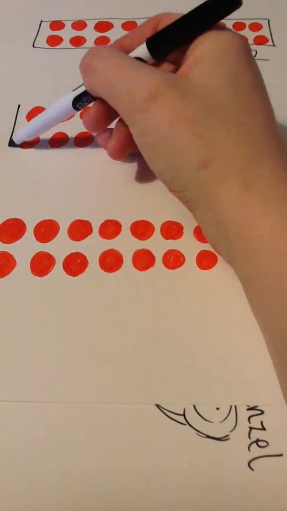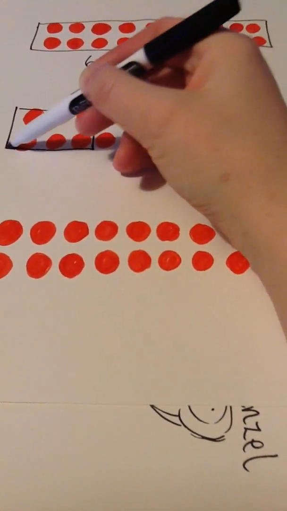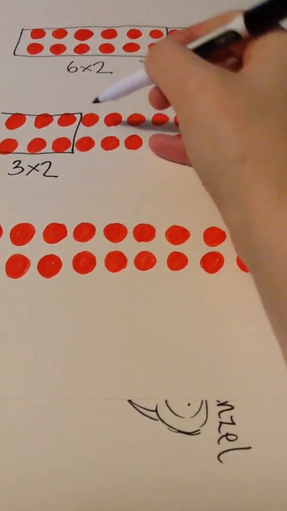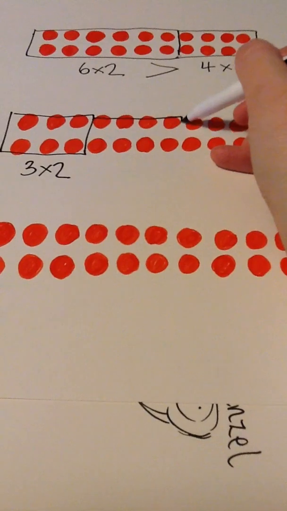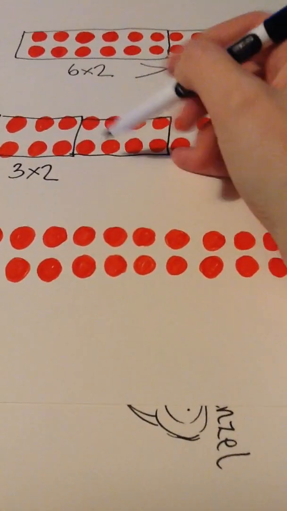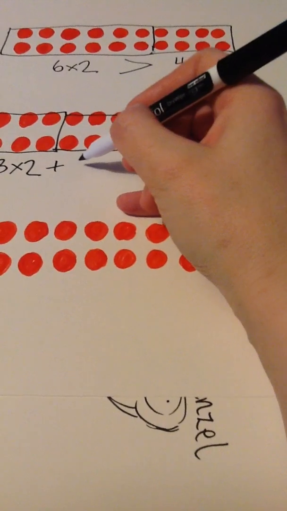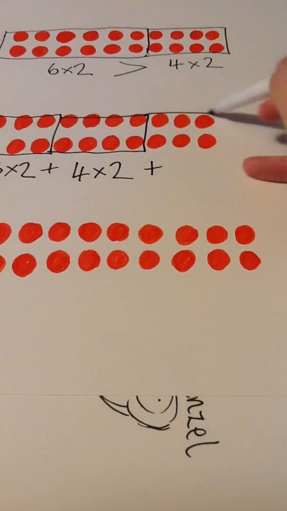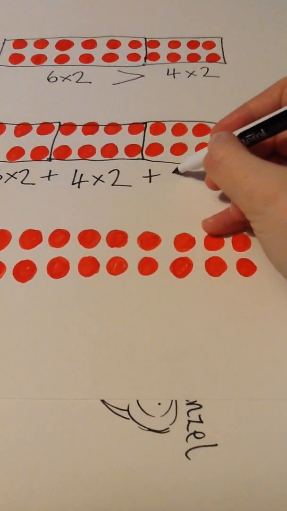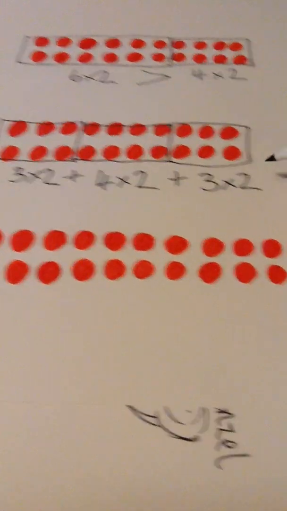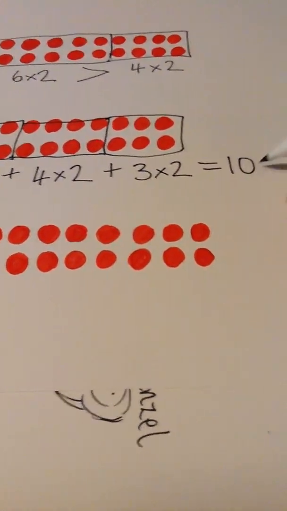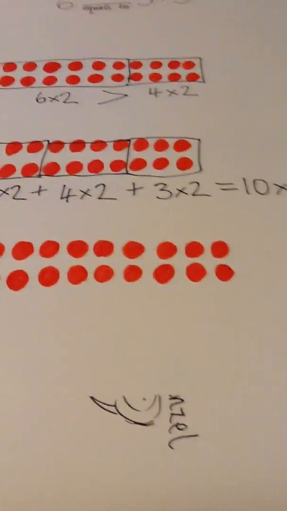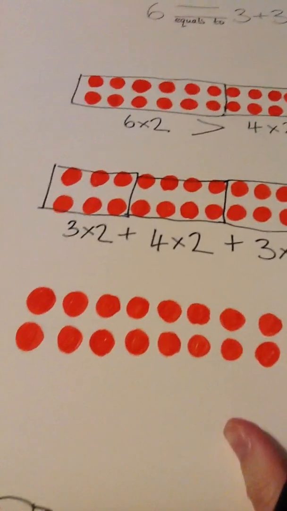So you might have, for example, 3 lots of 2, add 4 lots of 2, add 3 lots of 2 equals 10 lots of 2.